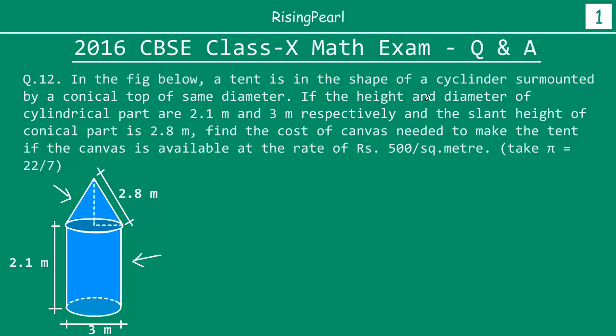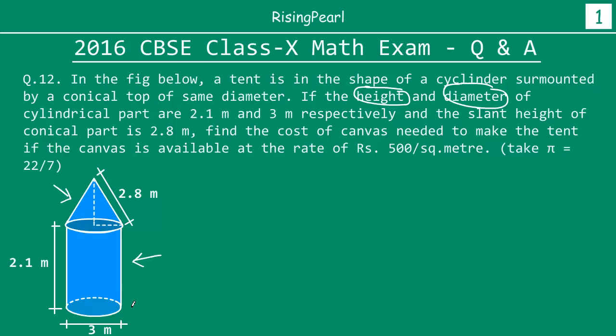The height and the diameter of the cylindrical part are 2.1 meter and 3 meter respectively. So the height is given as 2.1 meter, and the diameter of the base circle is 3 meter.